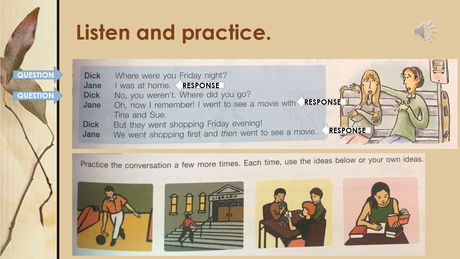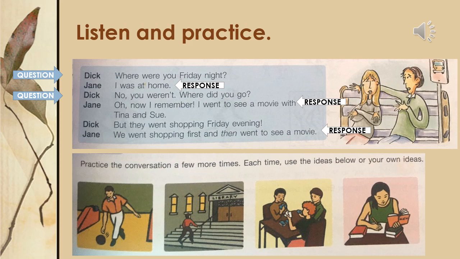So instead of I went to see a movie, you can say I went bowling with Tina and Sue, or I went to the library with Tina and Sue, or I played cards with Tina and Sue, or I did my homework first and then went to bowling. So try to practice it by yourself because this would be very helpful in your talking about the past.